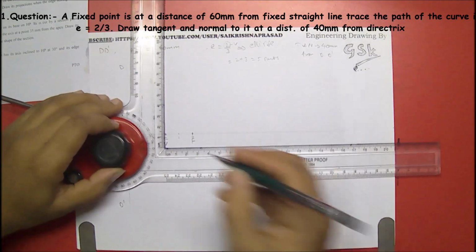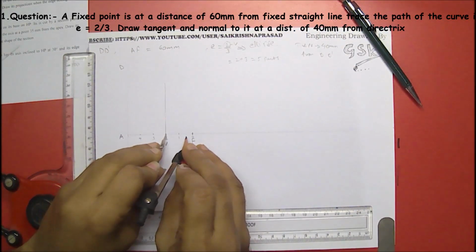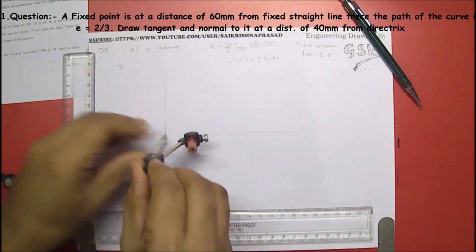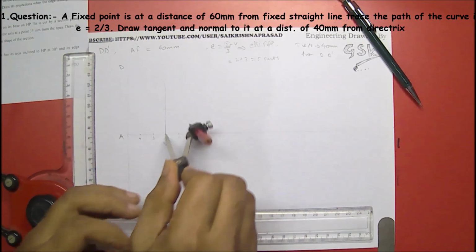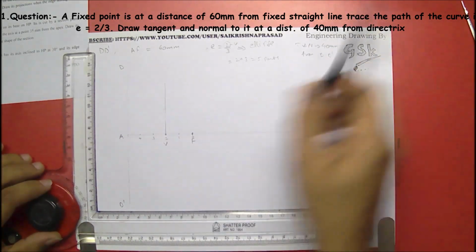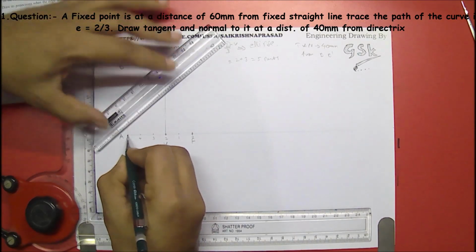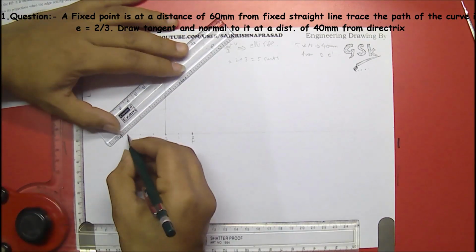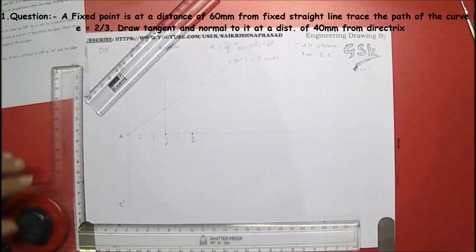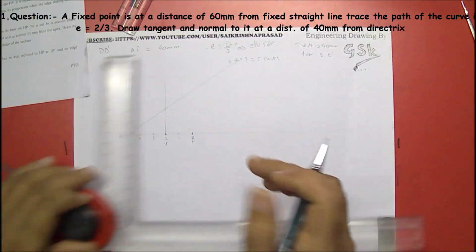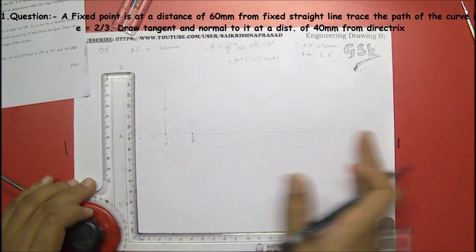From here we have to draw the straight line. Take the compass, measure the distance, draw an arc which cuts the straight line. From the A, we have to draw an array. Right? Then take appropriate divisions on this focus line.